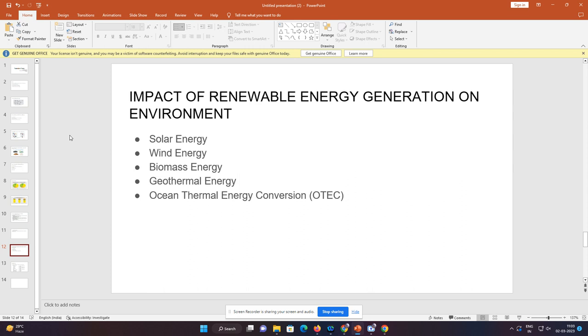Wind development requires a large land area to keep distance between turbines and turbine rows. So wind turbines degrade the environment by noise pollution.